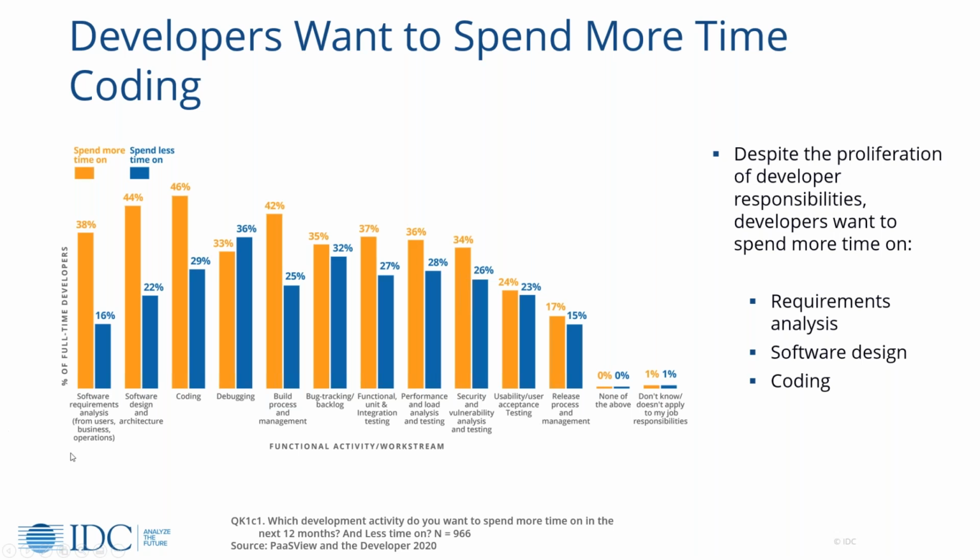And as you can see here from the second set of bars from the far left, 44% and 46% of developers want to spend more time on application design and coding, respectively. Meanwhile, 36% and 32% of developers noted that they wanted to spend less time on debugging and bug tracking.